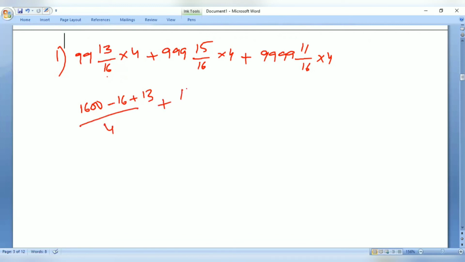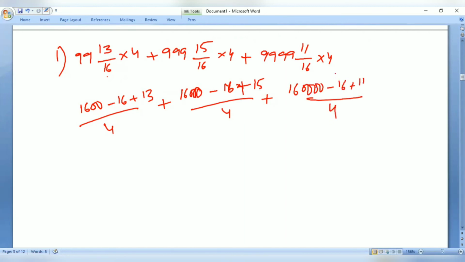And here in our case, 16,000 minus 16 plus 15/4, plus here 16 with 4 zeros minus 16 plus 11/4. Anyway, the 4 cancels. So this is how we will be simplifying the questions.